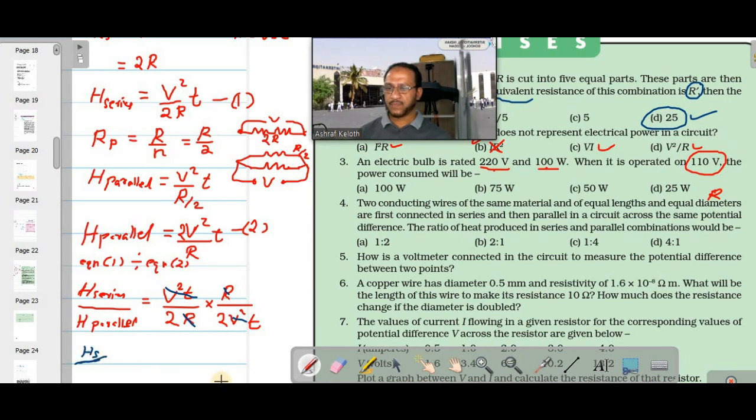So the answer we got, the ratio of heat produced in series to heat produced in parallel is equal to 1 by 4. Means in the fourth question, C is the answer.